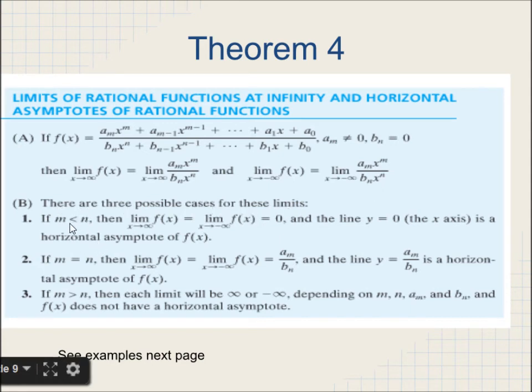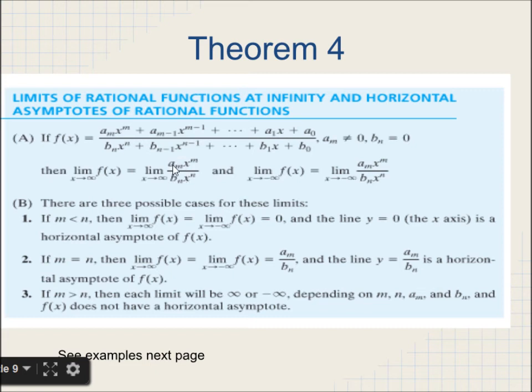There are three possible cases for these limits. If m is less than n, then the limit of f(x) as x approaches infinity or minus infinity is equal to 0. So that means if the power of the numerator is less than the power of the denominator, then it becomes 0. If the power of the numerator is equal to the denominator, then it is the line y is equal to am by bn.